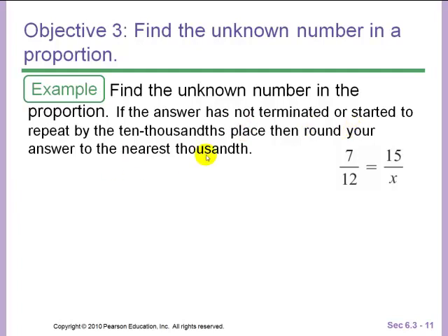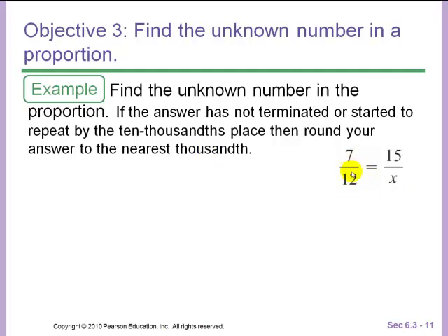In general, on your quizzes and on your exam, I will give you problems that either terminate, which means they end by the time they get to the 10,000th place, or they will have repeated by the time they get to the 10,000th place, or I will specifically tell you to round. So just keep an eye out though, in the few cases where you're not specifically told to round and you get to the 10,000th place and it hasn't terminated or started to repeat, then just go ahead and round it to the nearest thousandth.